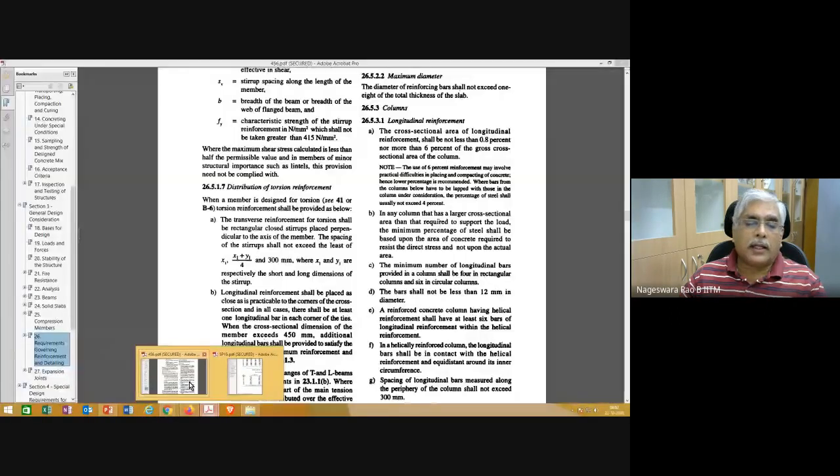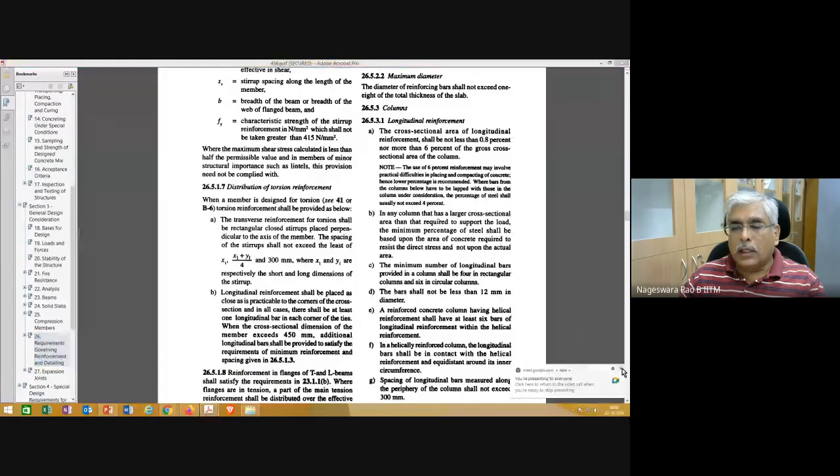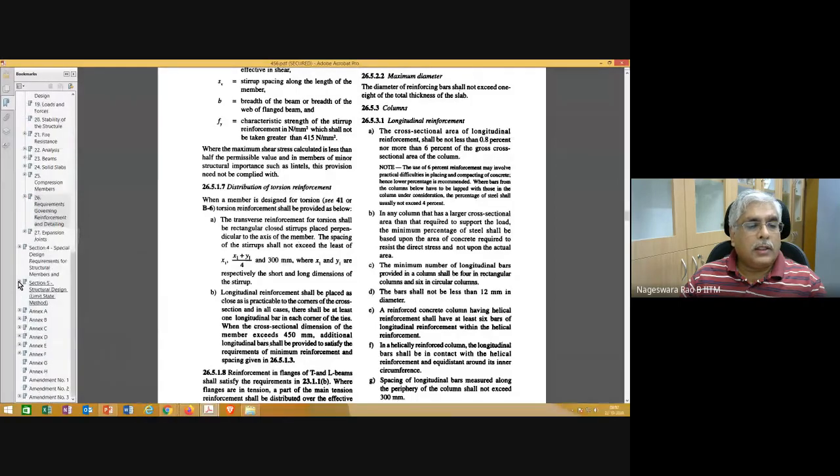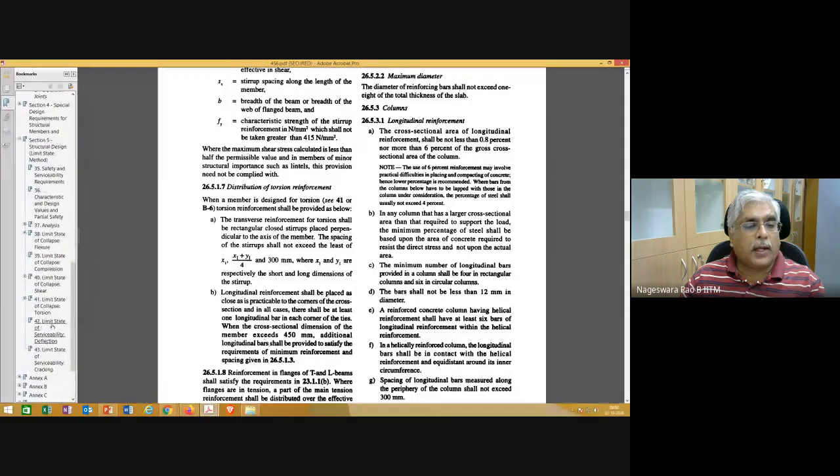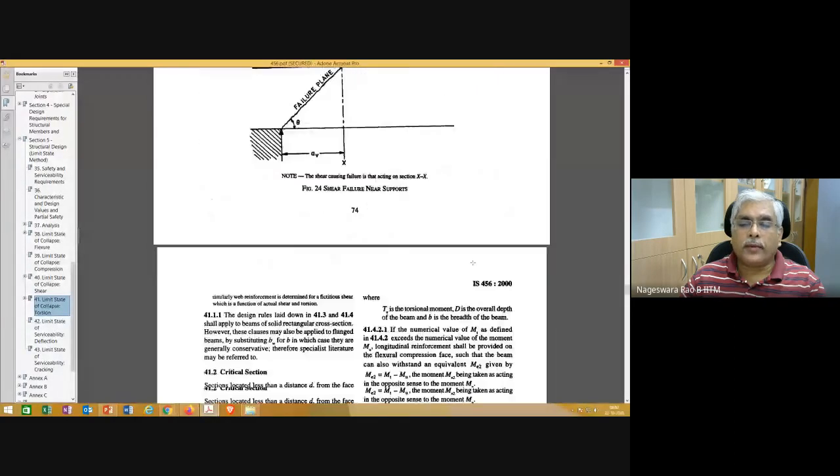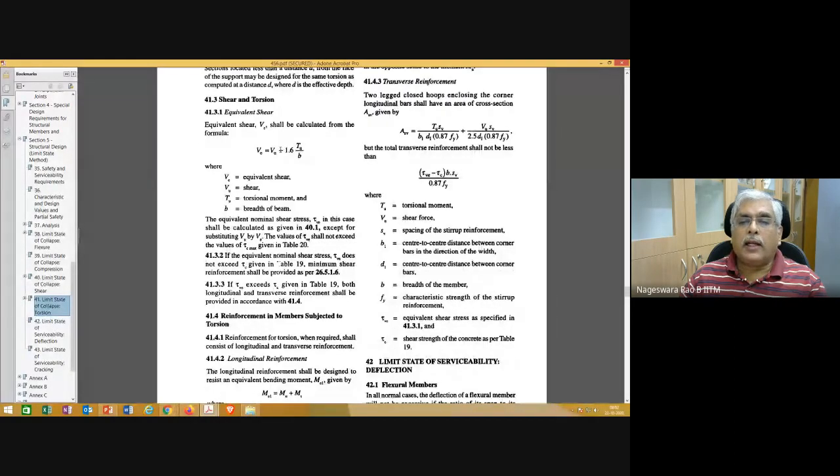You need to keep your IS 456 available with you, okay? And yesterday we looked at this limit state of collapse under torsion, and we noted that this equivalent shear needs to be computed, making use of whatever additional torsional moment is coming on the member.